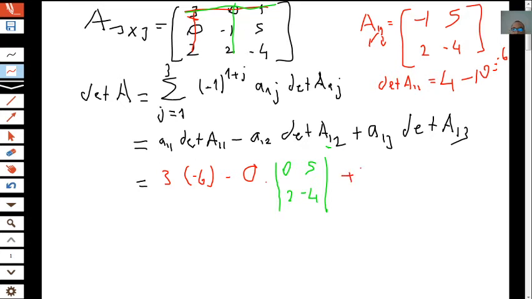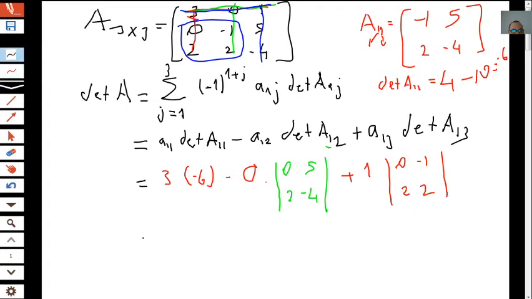a13, which is 1, determinant A13. Namely, we cancel the first row and third column. So the remaining numbers are 0, minus 1, 2, 2.